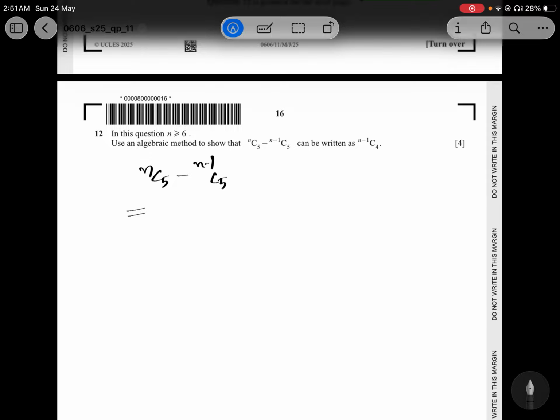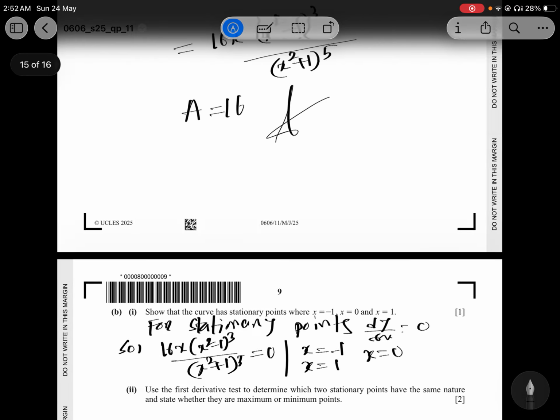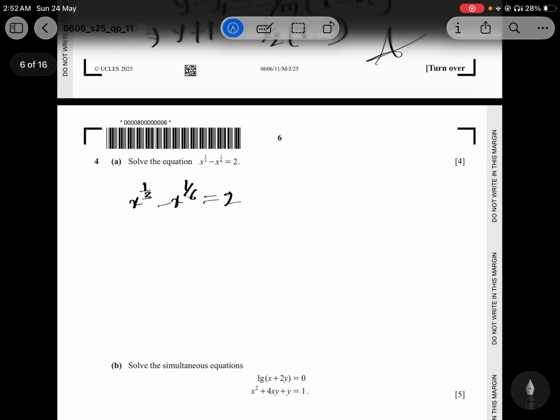Okay, one more thing. NCR can be written as n. Okay, there is a formula. NCR can be written as n into something. There is a formula. Okay, I'll get back to there. I have left 2 or 3 questions here.